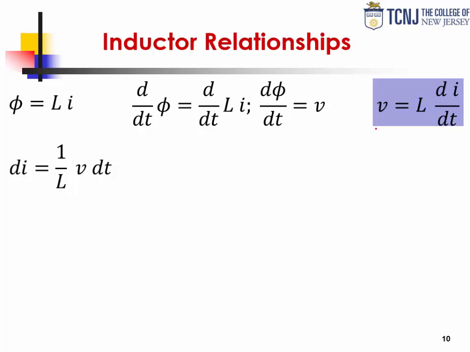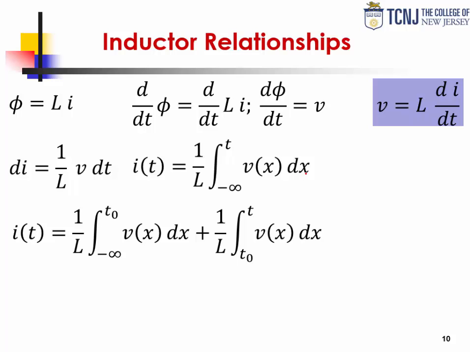So let's now separate the current and the voltage in this fashion from this equation and integrate both sides, and we can get the current in the inductor as 1 over L, the inductance, times the integral of the voltage.